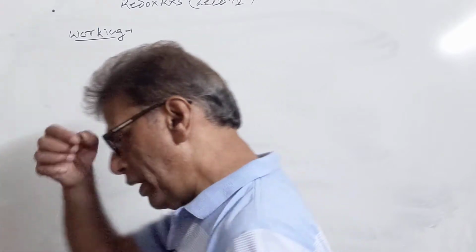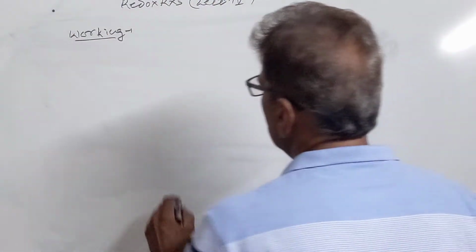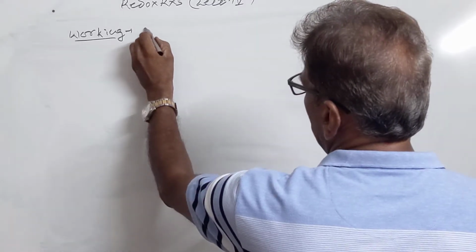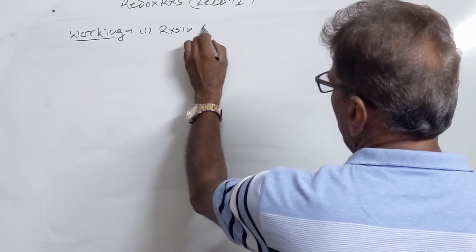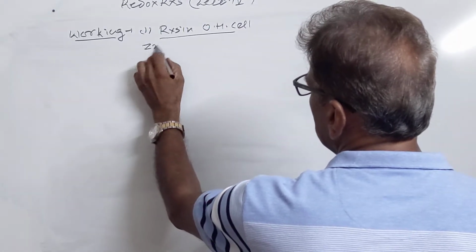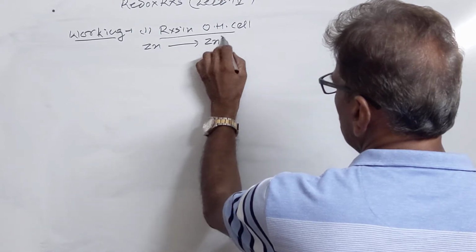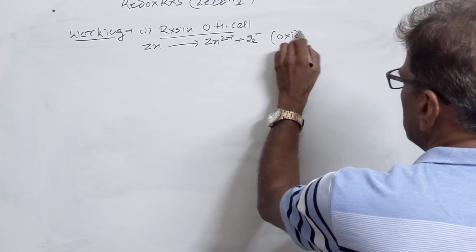When connections are made as shown in the diagram, then the cell starts working and the following reactions take place. Reactions in the oxidation half cell: here zinc loses electrons to form Zn2+ plus 2 electrons. This is called the oxidation half reaction.